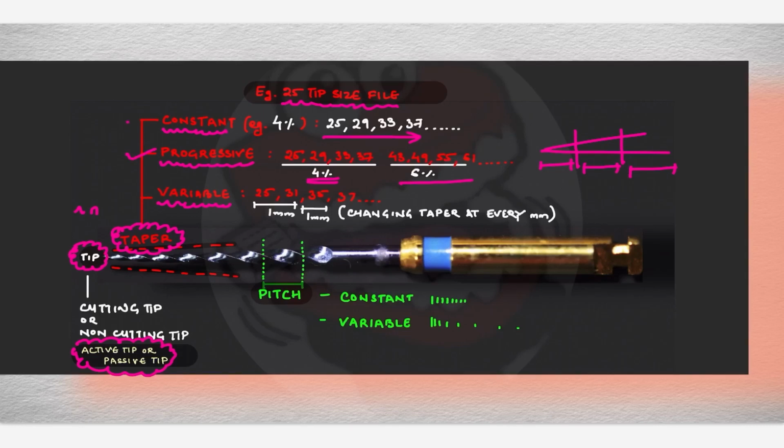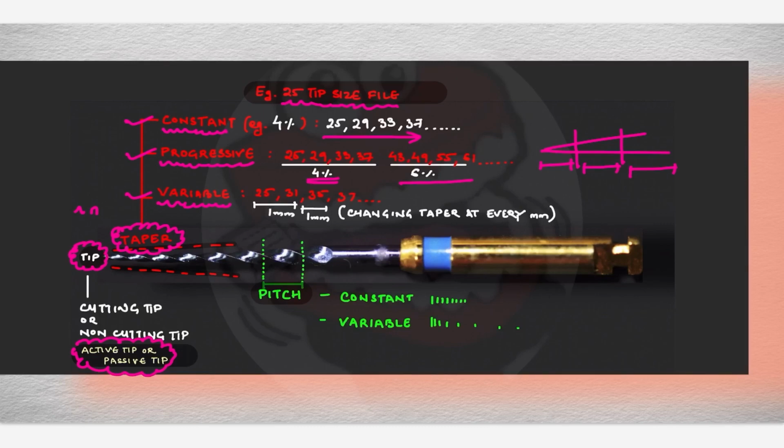So we talked about the constant taper, where only a constant increase of 4% was there, and in a progressive taper, segments of taper were there, that is 4%, 6% or 8%. Now when we come to the variable taper, it means that if the file is, suppose, a 25 tape size file, then at every millimeter there would be a change in taper.